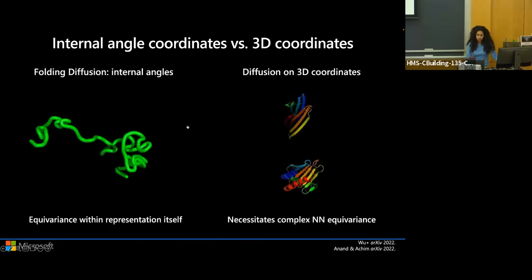So that's one modeling-based complementary aspect of our approach compared to methods that rely on 3D coordinates. There have been other approaches as well, thinking about positional frames and so on, but for now I'm just highlighting the relationship between these two.